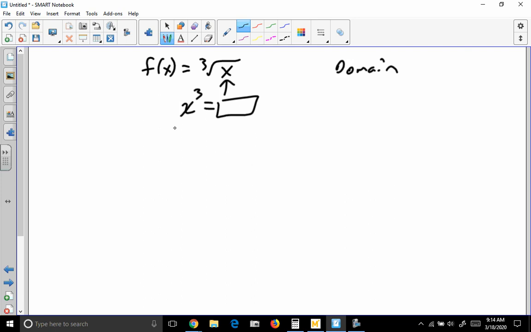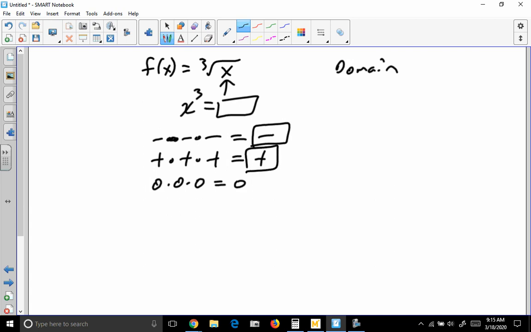Well, when we cube numbers, if x is negative, we can cube a negative, and a negative times a negative times a negative is negative. And if we cube a positive, 3 positives make a positive. Or if we do 0 cubed, we get 0.